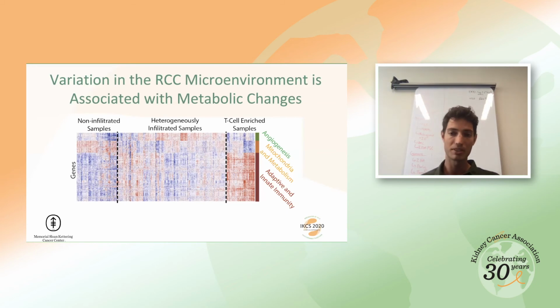And what you notice is that T-cell enriched tumors have much lower expression of mitochondrial genes and metabolic genes in general. And that really suggests to us that there is potentially a relationship between the composition of the tumor microenvironment and the metabolic phenotype of the bulk tumor.